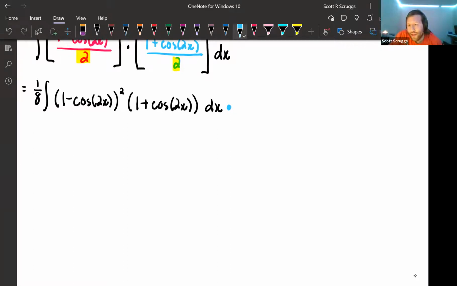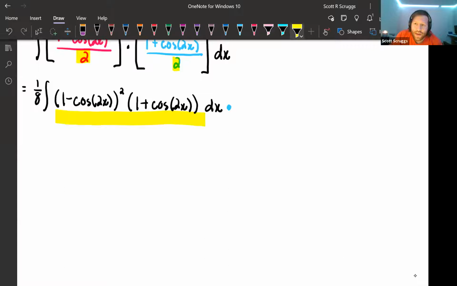So from here, I'm going to give y'all a chance to practice. Starting from this line, I want you all to try to evaluate this integral on your own. Keep in mind that, like I said, for that integrand, think of it like a polynomial, where I've got to FOIL stuff out and then simplify.